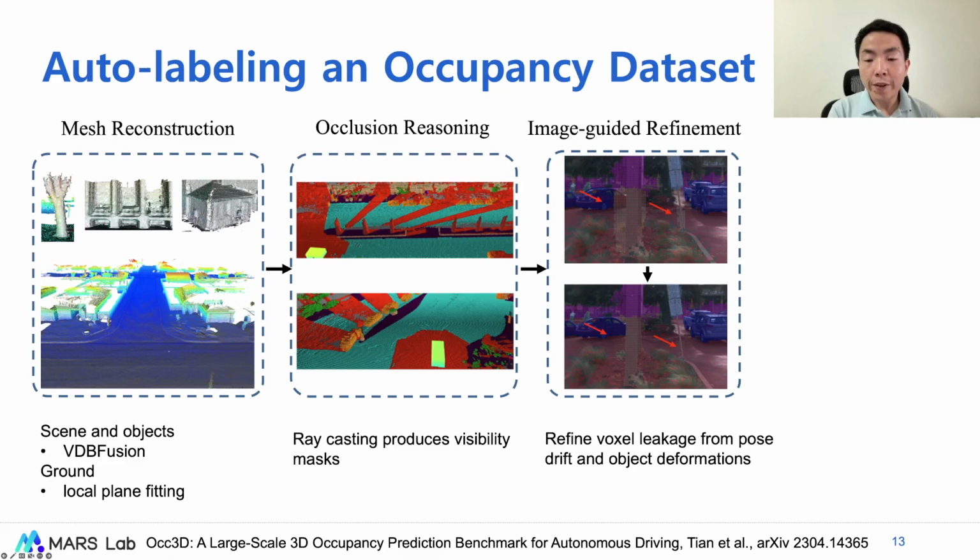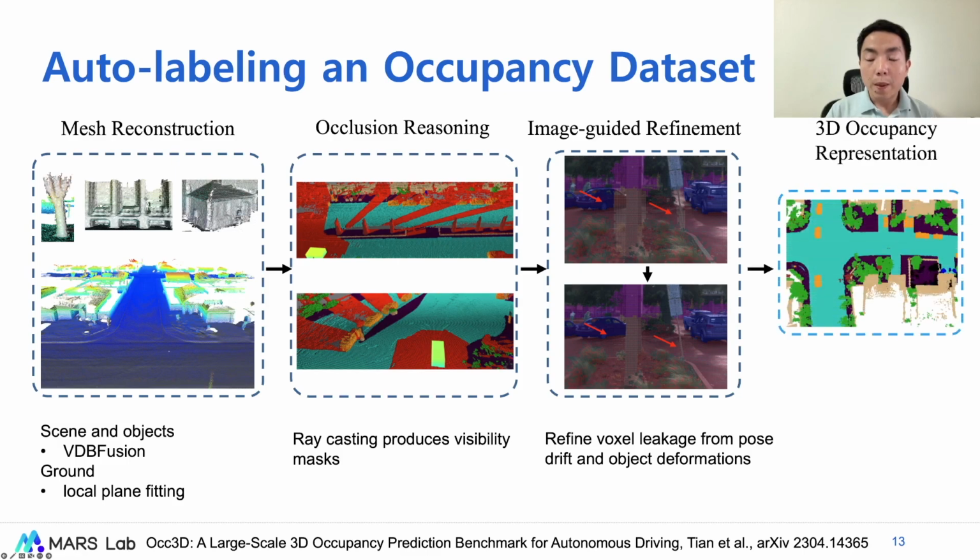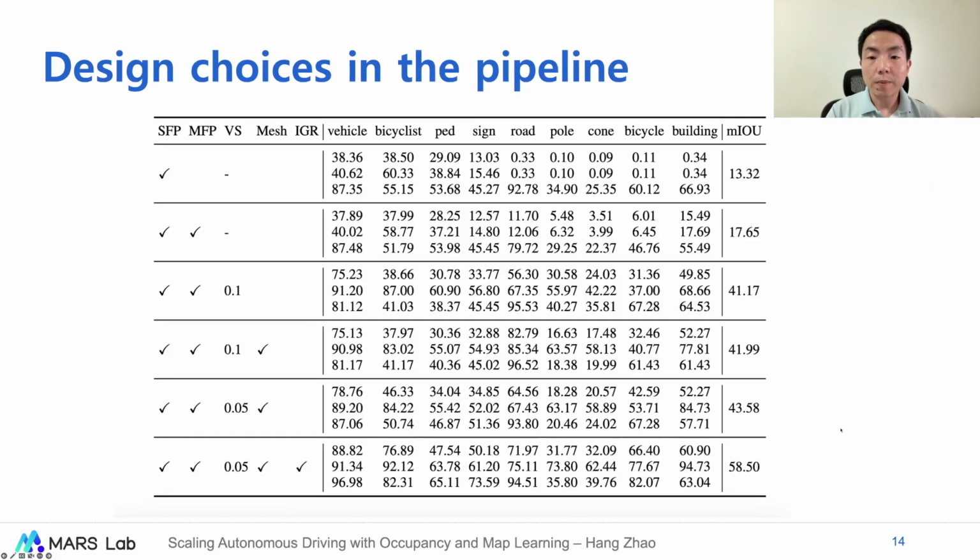This is especially effective on thin objects like poles. And finally, we can obtain a dense 3D occupancy representation of a scene. We list many design choices in our auto-labeling pipeline and show that each step makes sense and improves the final performance.